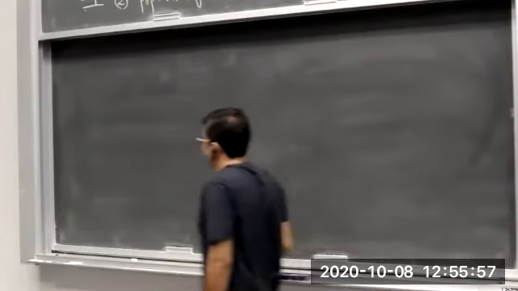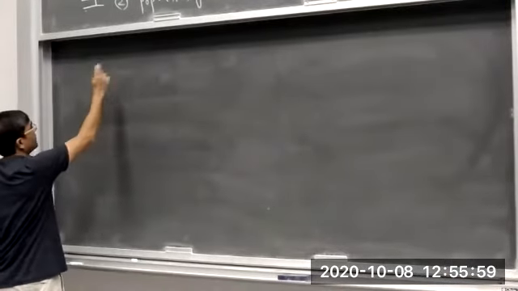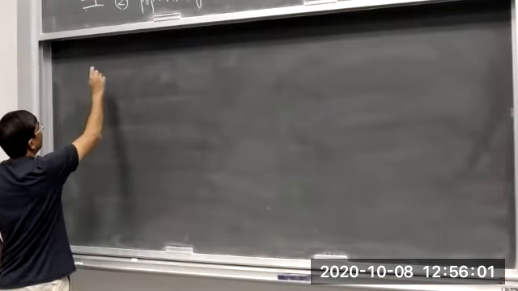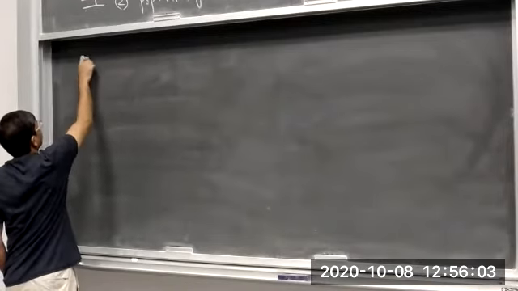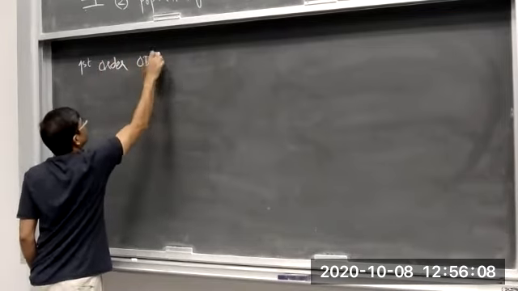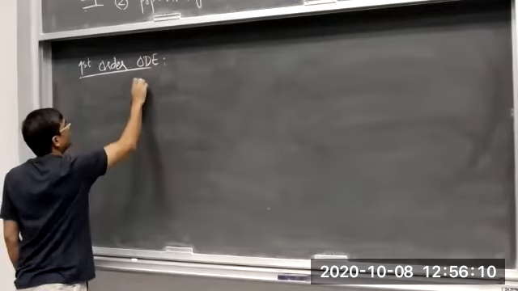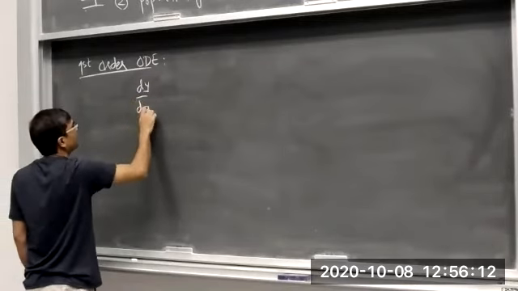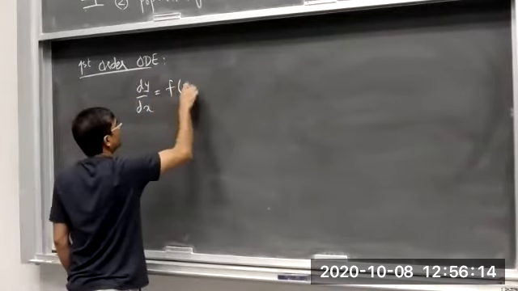Now, a single differential equation, for example, a first order differential equation, अगर आप कहें first order ODE, is basically of this form: dy by dx is equal to f of x, y.